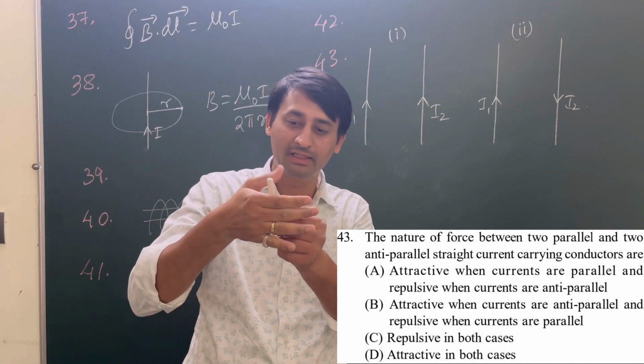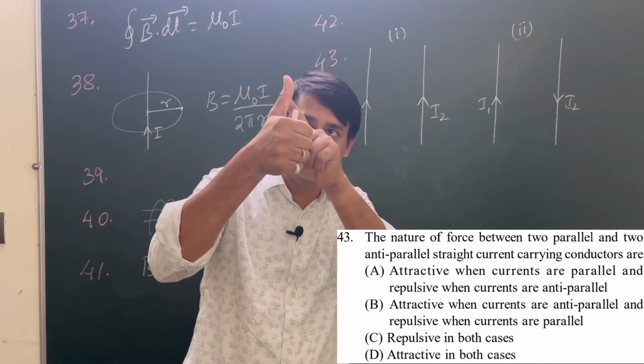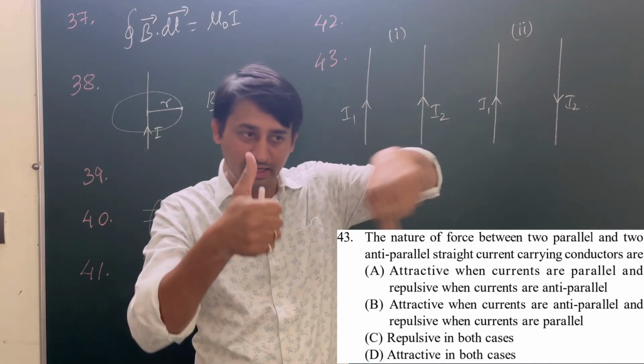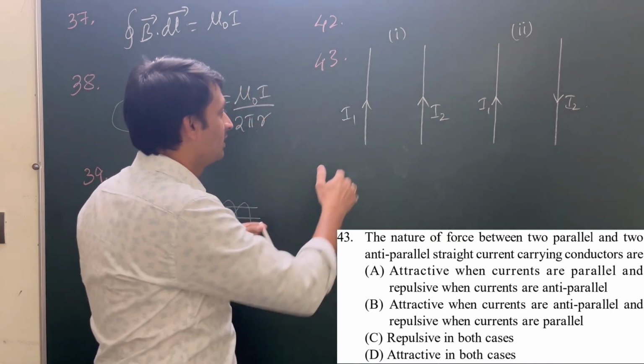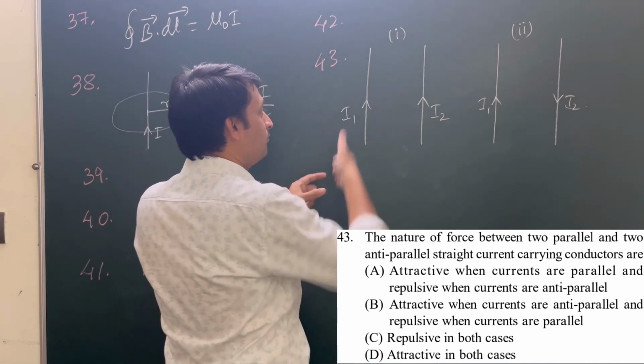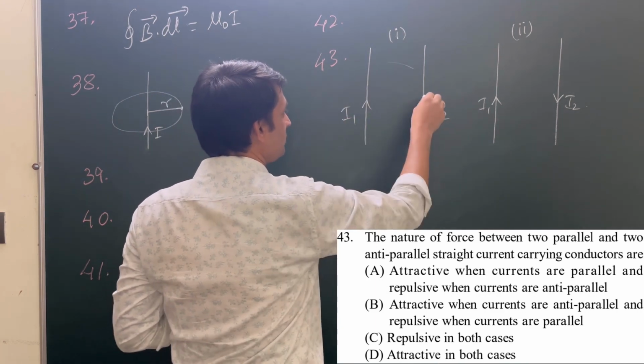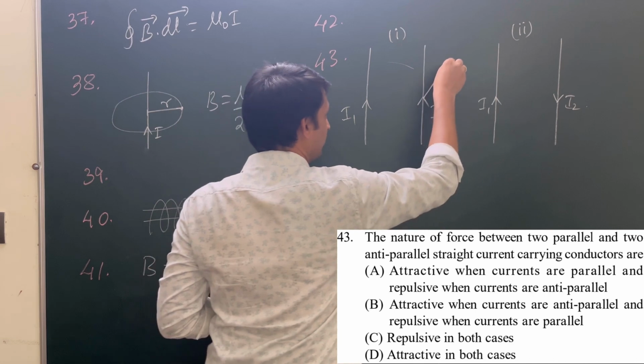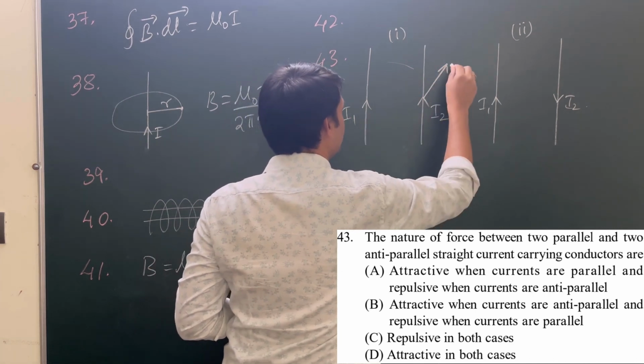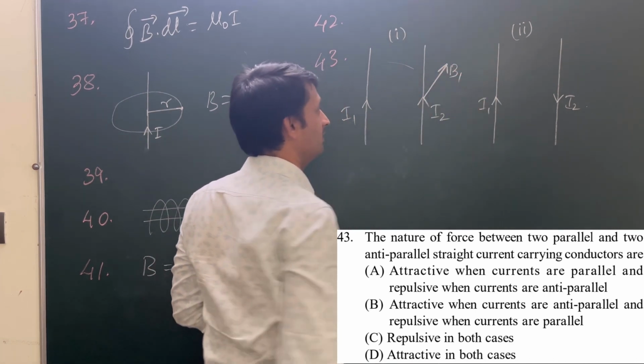So when the current is upward, at this point the magnetic field is in this direction, produced by this conductor, B1.